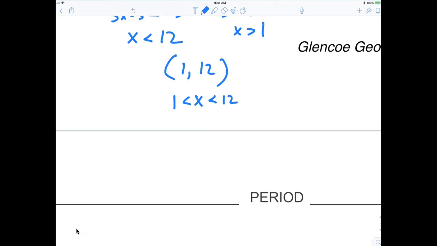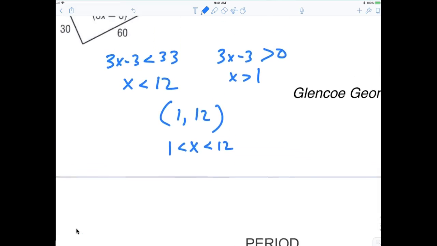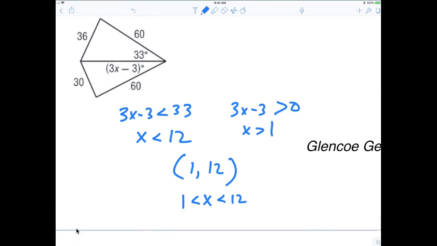I'm listening. Why couldn't it be like 0.1? Well, that's greater than 1. No, you're not understanding what I'm saying. If x is greater than 1, a solution could be 1.1, which would make the angle 0.1.